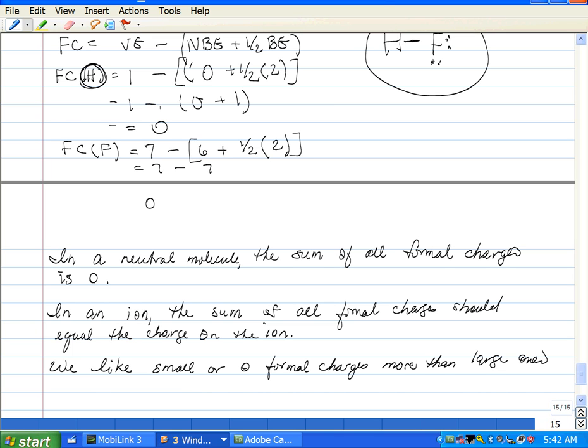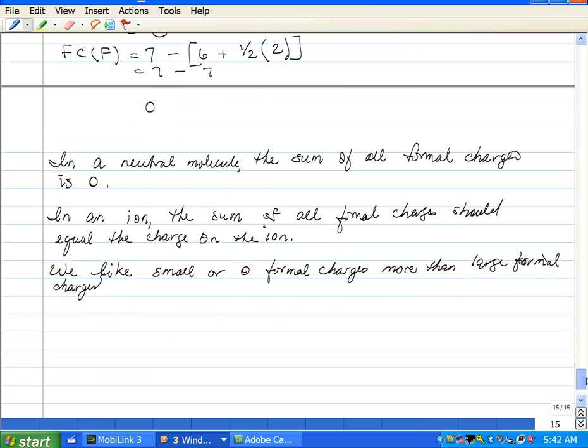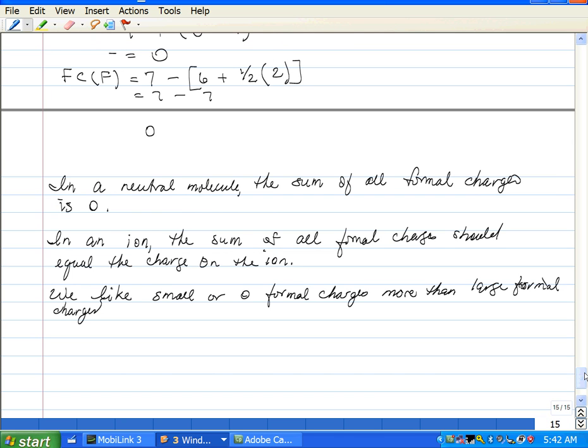This rule says when formal charge cannot be avoided, the negative formal charge should reside with the most negative atom.